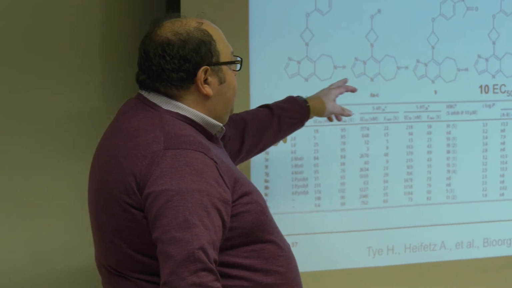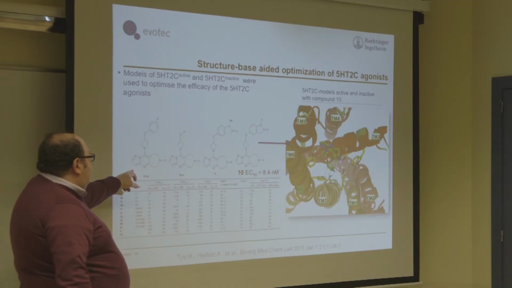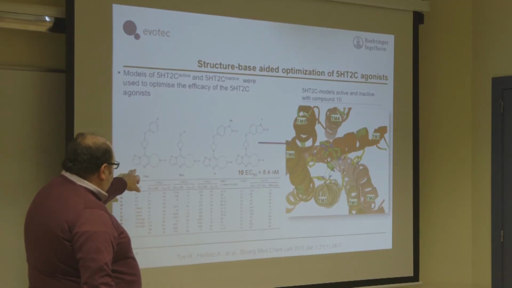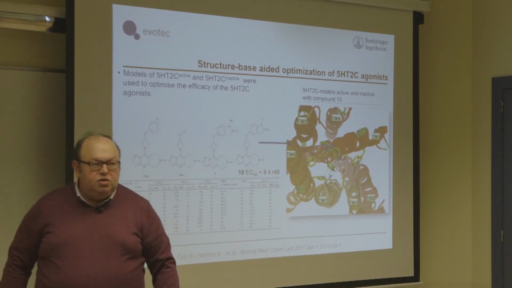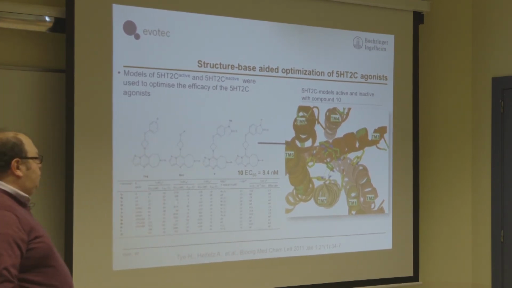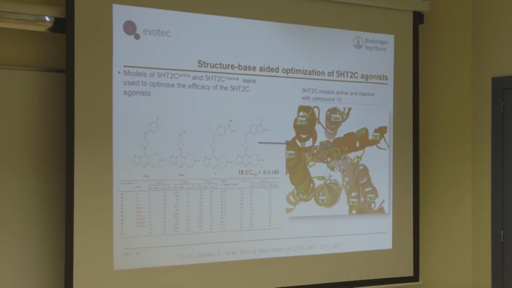As a result, we managed to find molecules. You see there's not a big difference, but this was the starting point, this was the end, and it was a very strong agonist.